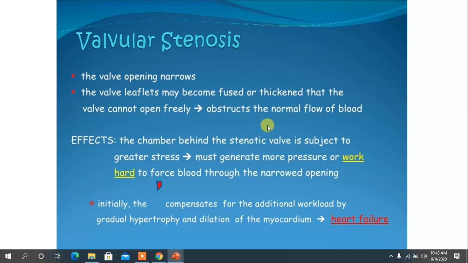With time the workload over the left ventricle will increase due to the stenosis in the aortic valve, the left heart will dilate, and the myocardium will be damaged. The left side will hypertrophy, and at a certain point it will lead to failure of the left ventricle. This is an example in valvular stenosis.